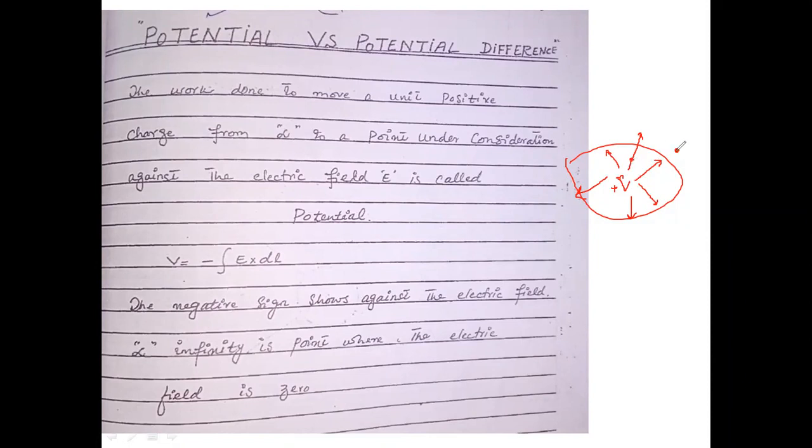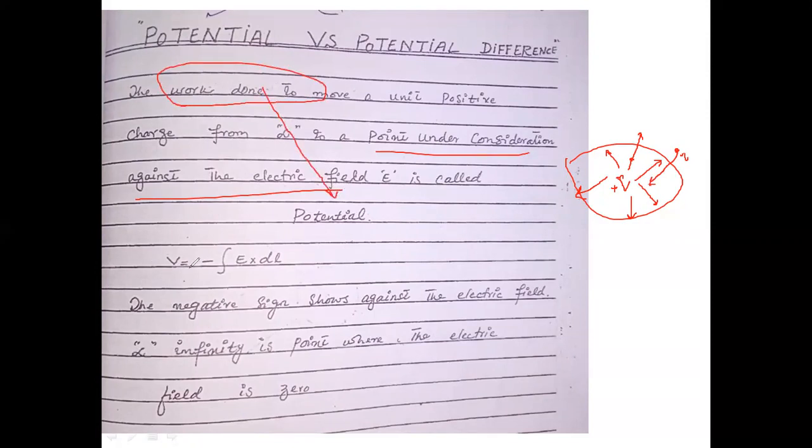But now if I take this plus q charge against the electric field, then I have to do some work. If I am taking the charge from infinity to the point of observation against the electric field, I have to do some work, and this work done is called electric potential.